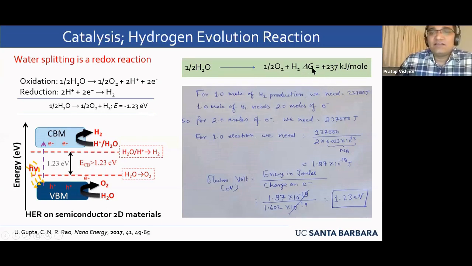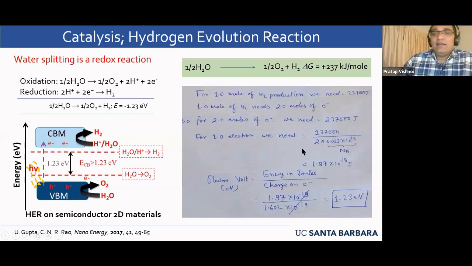So let us look at the same reaction. For 1 mole of hydrogen, you need this much energy. That means for 2 moles of electrons, because to produce 1 mole of hydrogen, you need to consider 2 electrons. So for 2 moles of electrons, you need 237 kilojoule energy, or 237,000 joule. I removed the k from that, this much energy for 2 moles of electrons.